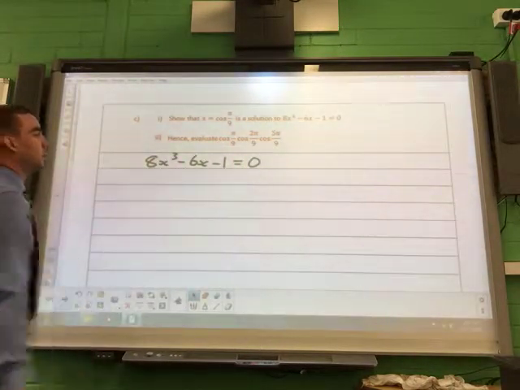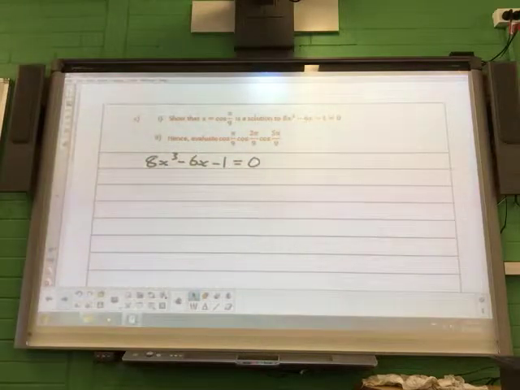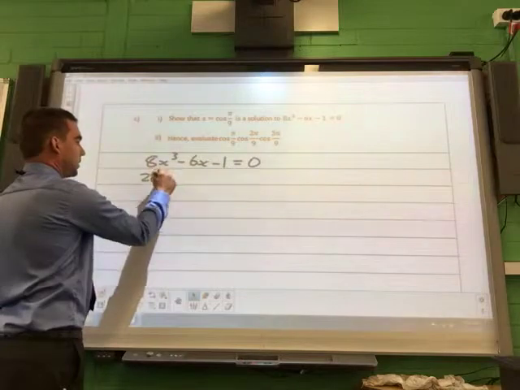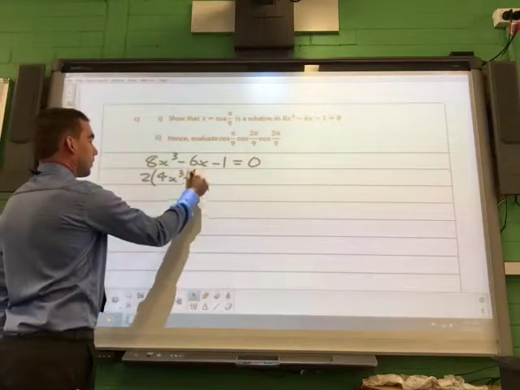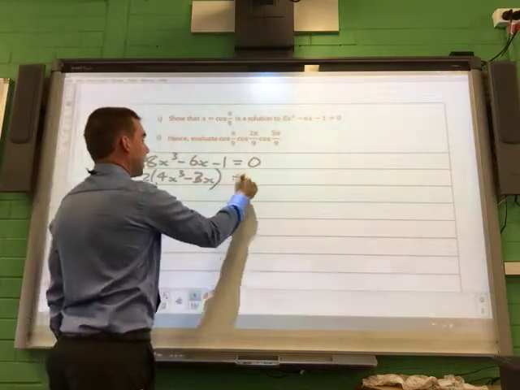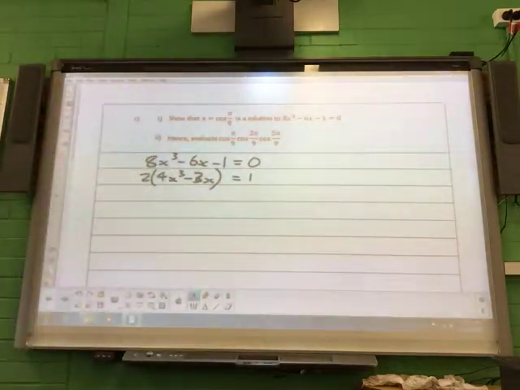So I'm going to factorise a 2 out of the first 2 terms. Put the 1 on the other side.